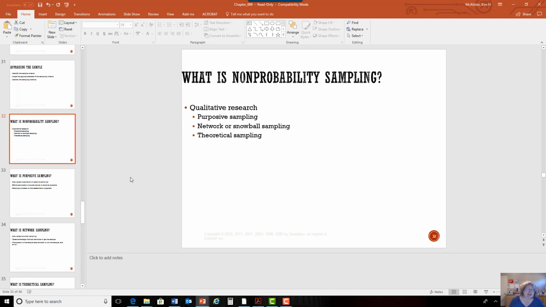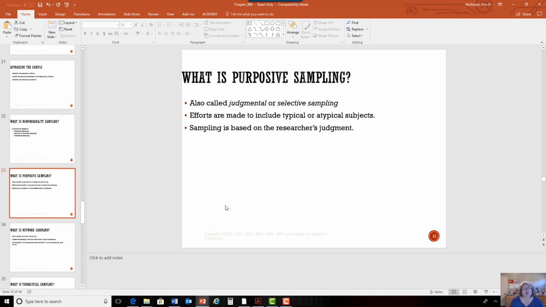So in qualitative research, we commonly use non-probability sampling. That means that the sample was not left to chance. And so we have purposive sampling, network sampling, and theoretical sampling. With purposive sampling, this is where the investigator deliberately and specifically chooses the people in the sample.